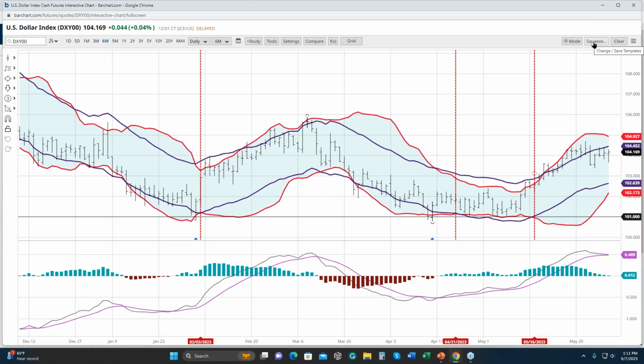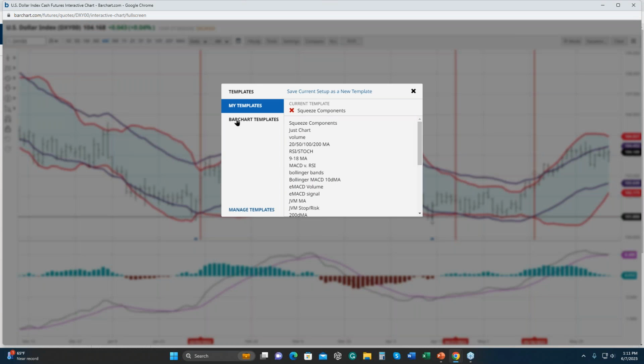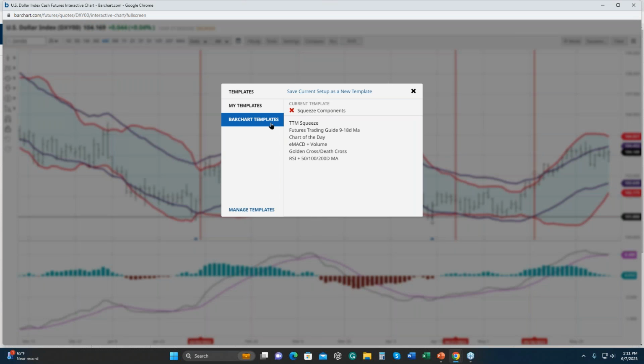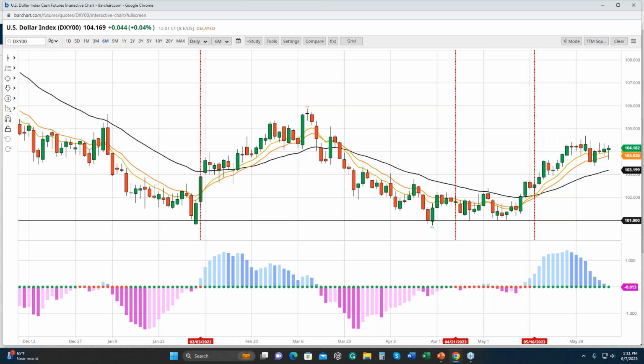We're going to open that up, and we have Barchart templates. And there is the TTM, Trade the Market squeeze. What we've done is created this template that recreates what I just showed you with those two band indicators.